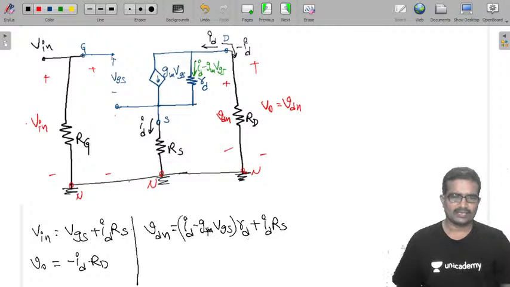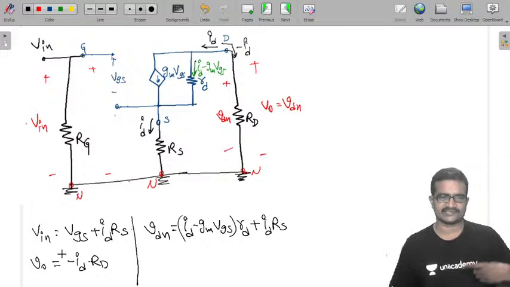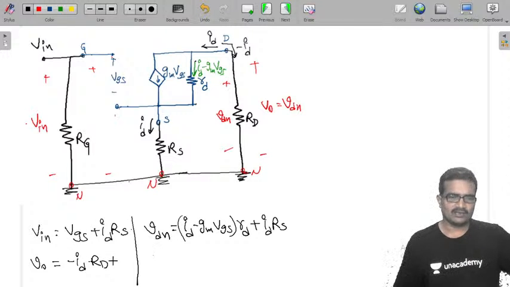Now here we need a relation between VDN and V input. We need VDN by V input. VDN is nothing but the output voltage. In VDN by V input, here we have ID, gm VGS, and here also ID, VGS. Okay, simplify this. Now I am going to equate this.